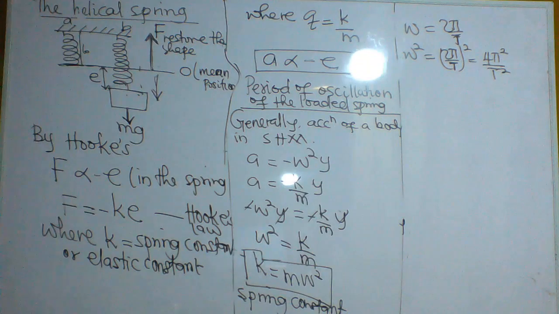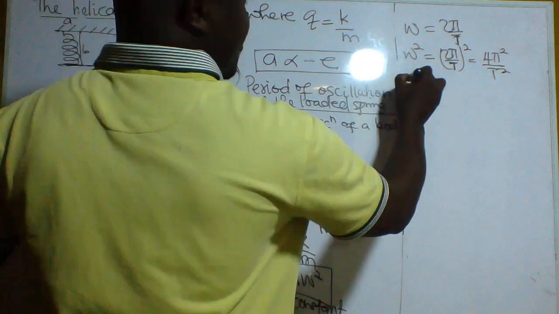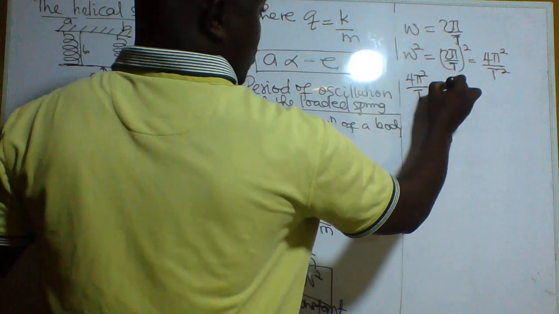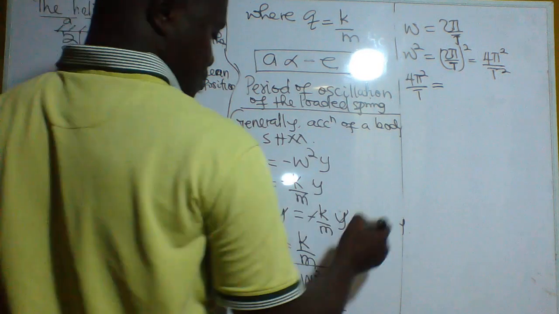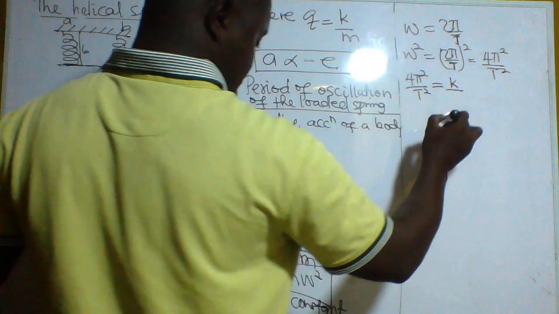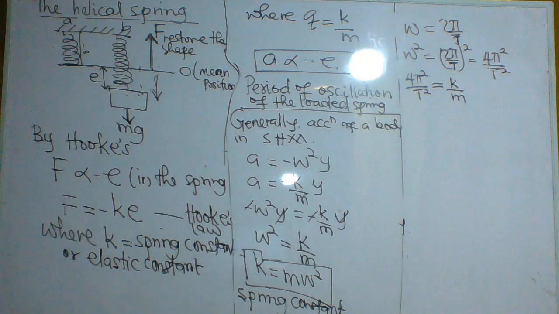Therefore, when we equate this to omega squared, we have 4 pi squared on T squared is equal to k on m.